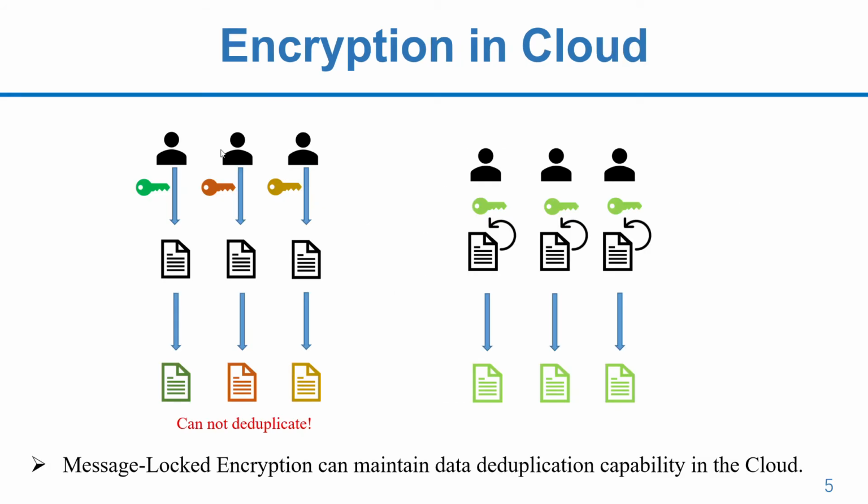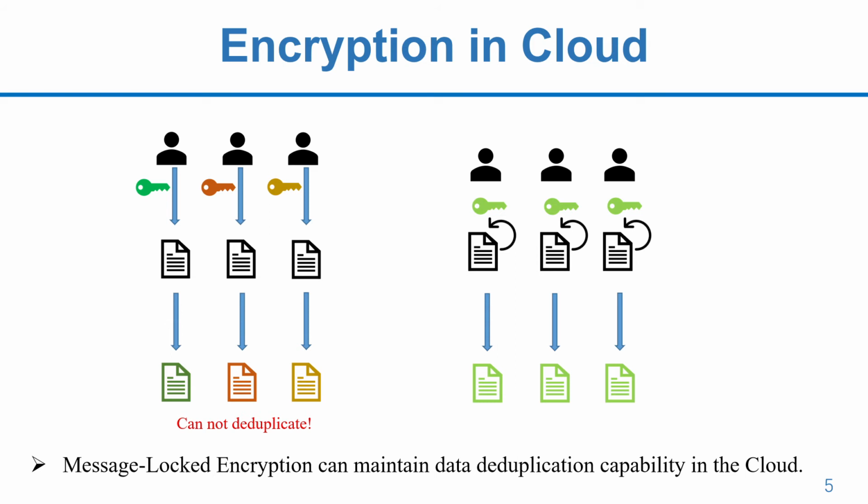Currently, to resist unauthorized access to the user's files, files are suggested to be encrypted before being uploaded to the cloud. However, when users use their private keys to encrypt files, the same content will be encrypted into different ciphertexts. Recently, a new cryptographic primitive named message locked encryption is proposed.